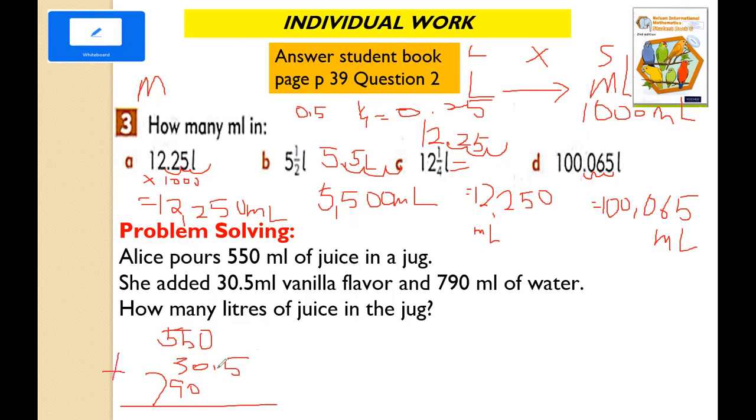So we need to add. 5, 17, carry 1, 6, 30. So the total in milliliters is 1,370.5 milliliters. Now we need to make it as liters.